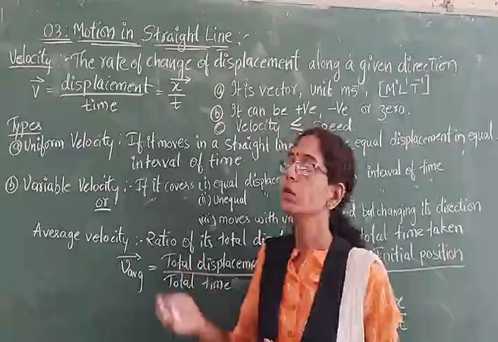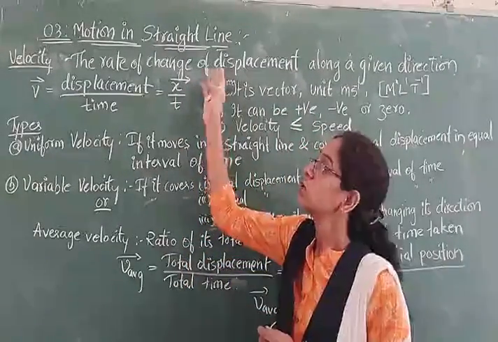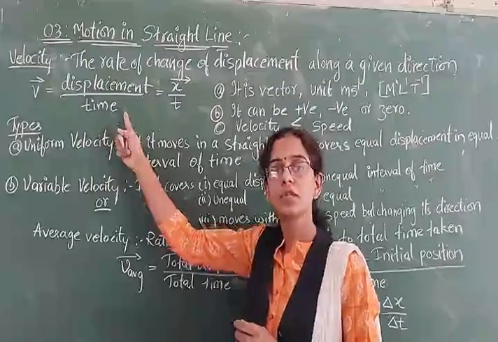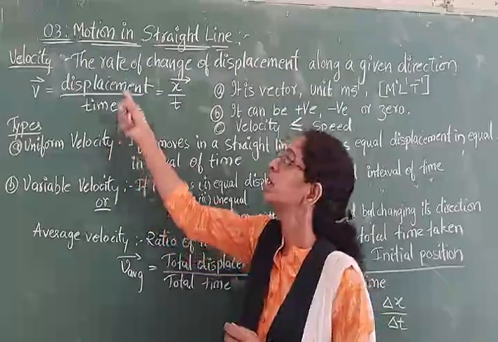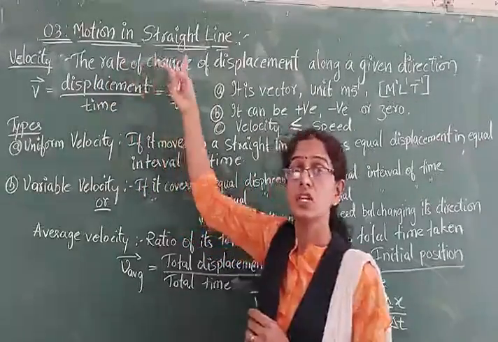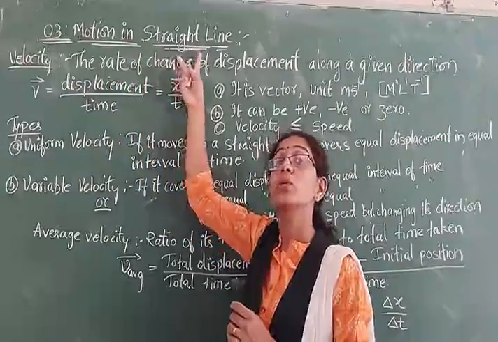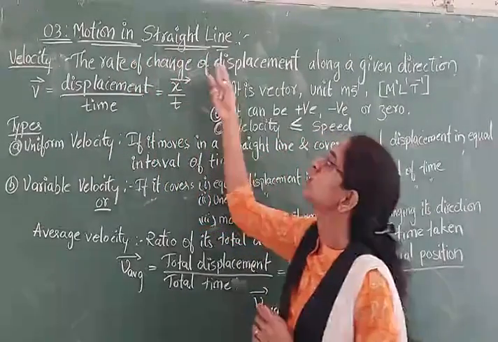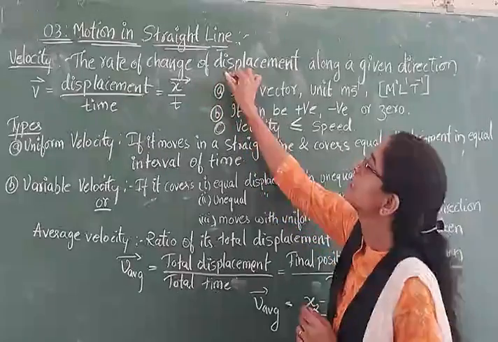Here the given quantity is displacement. So displacement upon time. Instead of using this word, we can also use the term rate of change, how fast, with respect to time. With respect to time, which quantity is changing here?